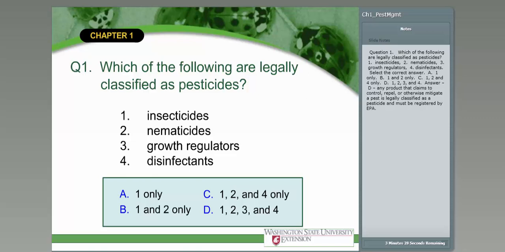B. 1 and 2 only. C. 1, 2, and 4 only. D. 1, 2, 3, and 4. The correct answer is D. Any product that claims to control, repel, or otherwise mitigate a pest is legally classified as a pesticide and must be registered by EPA.